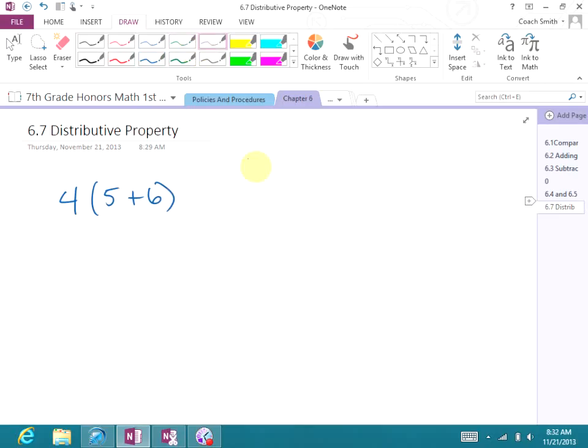When you use the word distribute, what do you think the word distribute means? Not mathematical necessarily. When you just hear the word distribute, what do you think it means, Derek? Spread out. Yeah, that's a good way. We can say spread out.